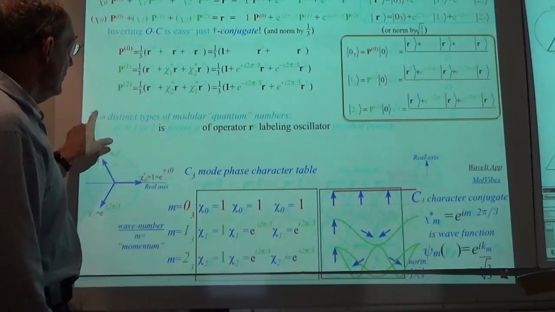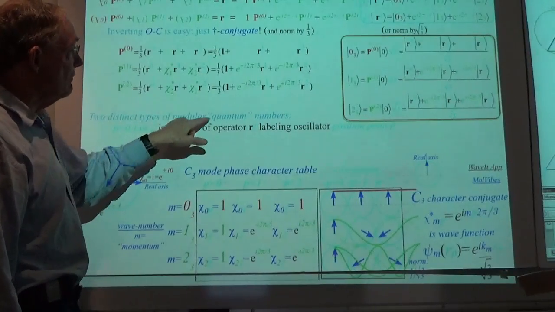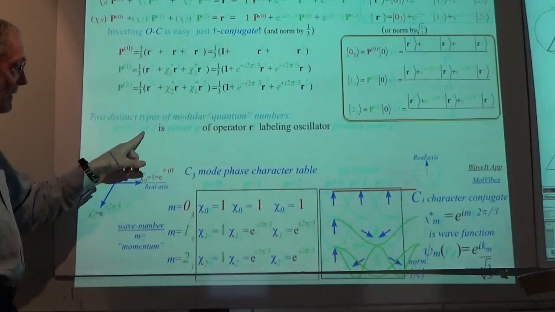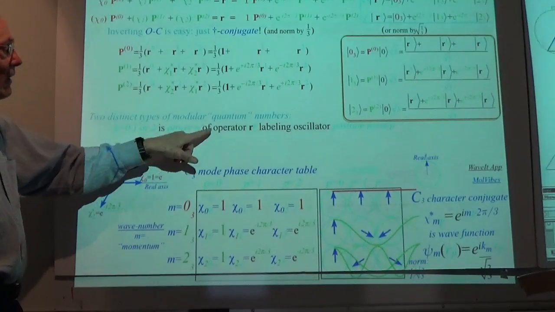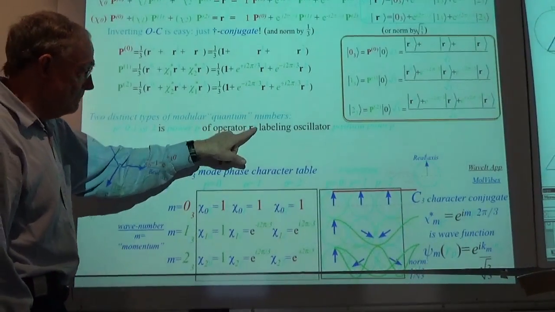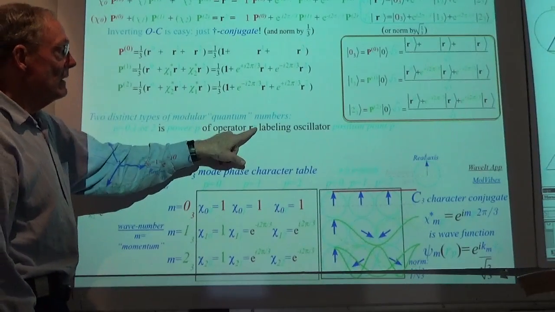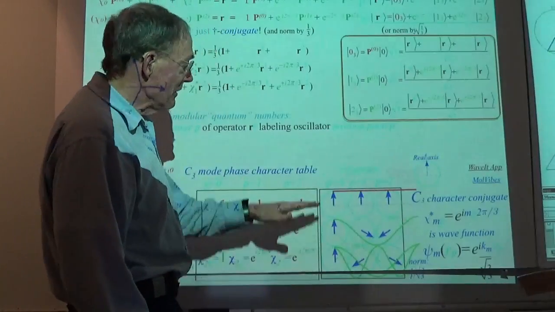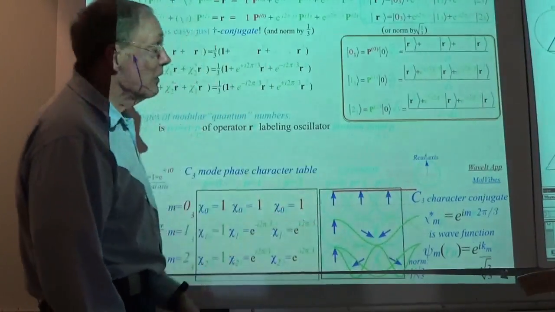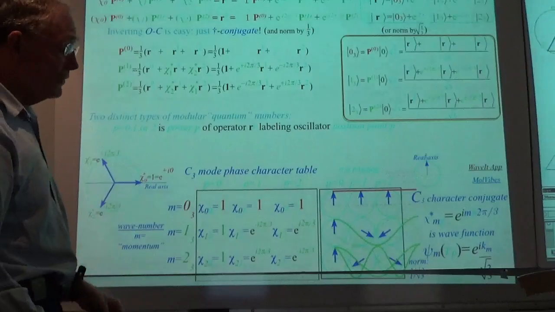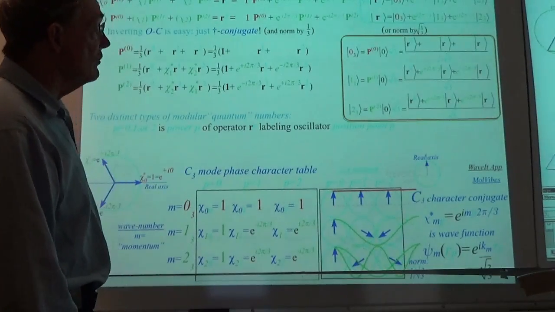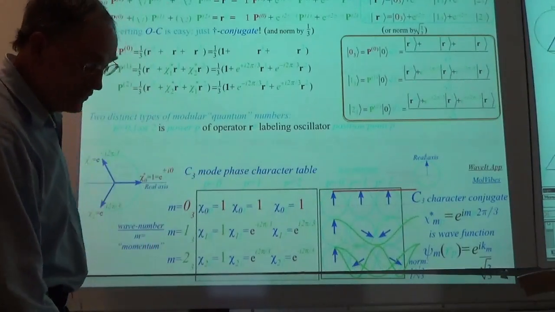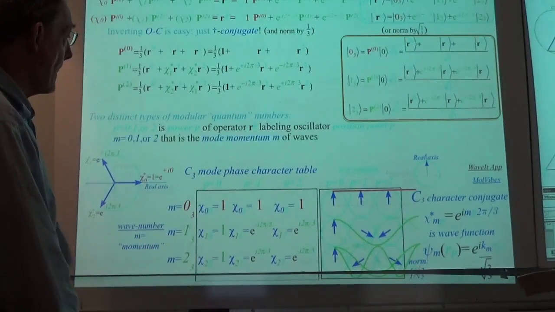So I want to mention, again, two distinct types of modular quantum numbers. The points, or power, of the operator r to the pth power, label oscillator position point p. That's along the top of these transformation matrices, the diagonalizing transformation, the D-tran matrix, or the Hamiltonian. But character tables here are very powerful.